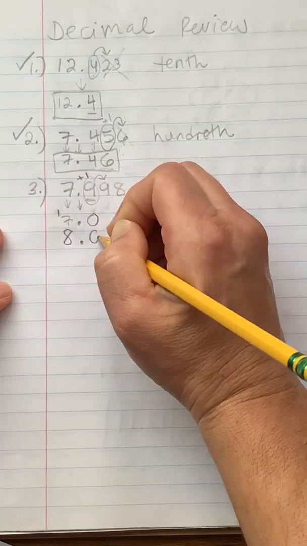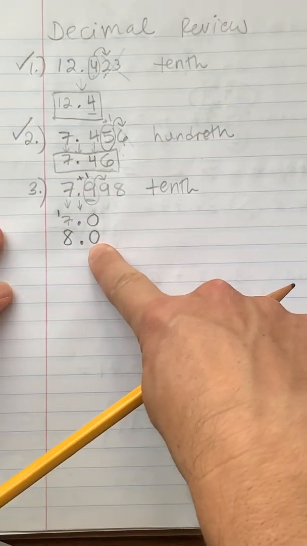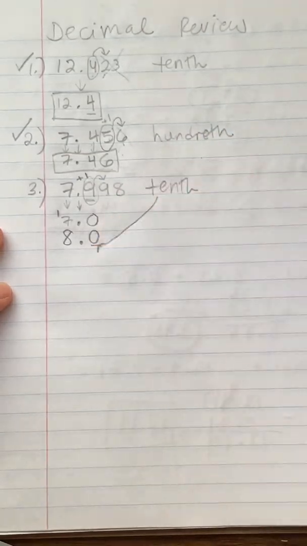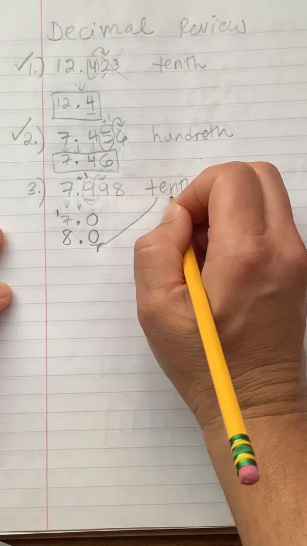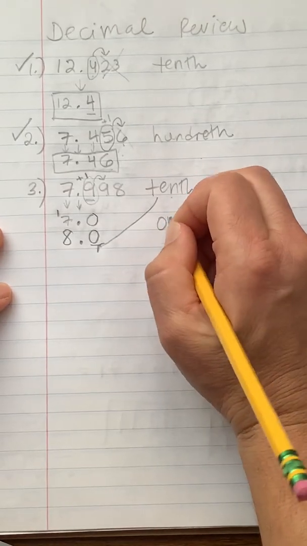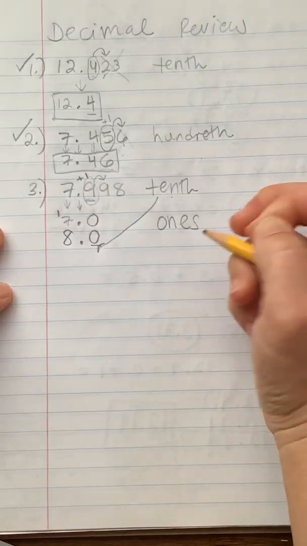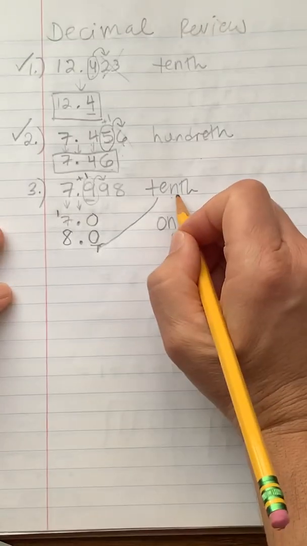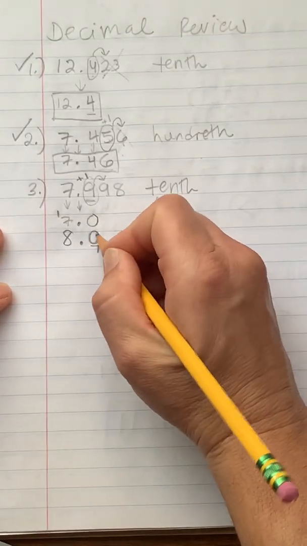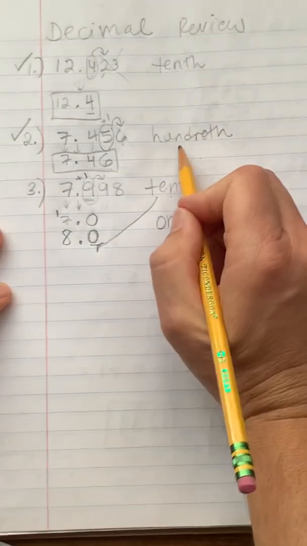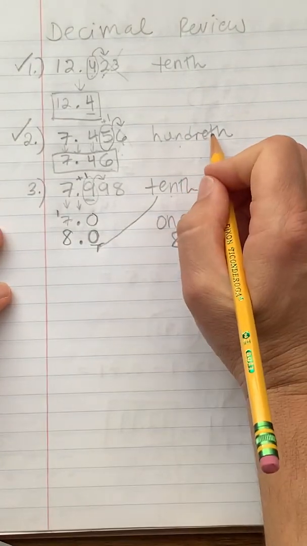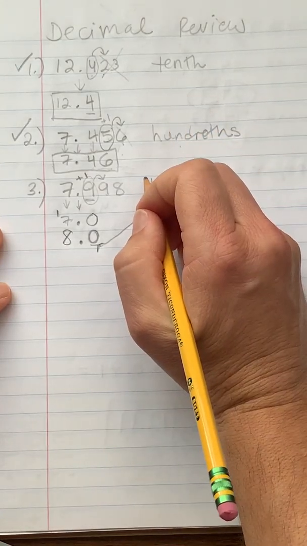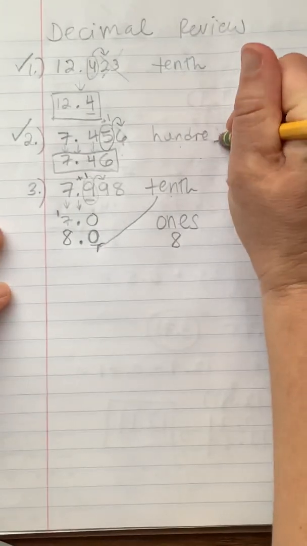But the reason I need to keep the 0 is because it asked us to round to the 10th place. If it did not say 10th and it wanted us to round to the 1s, then the answer would be just 8. But since it asked for tenths, we need to put the decimal and the 0. If it asked for hundredths, then, I'm sorry, I just realized I spelled this wrong.